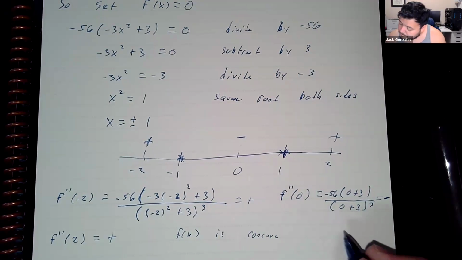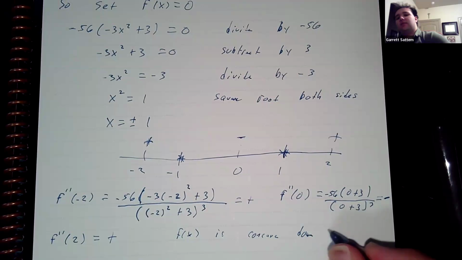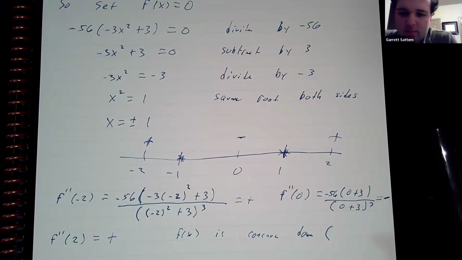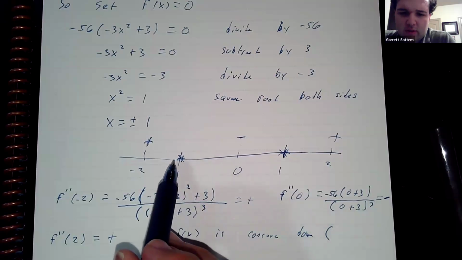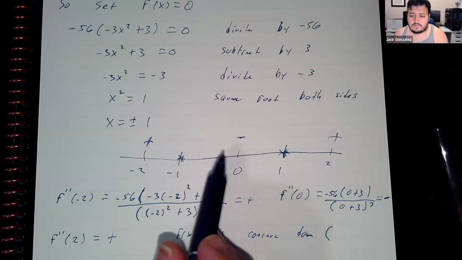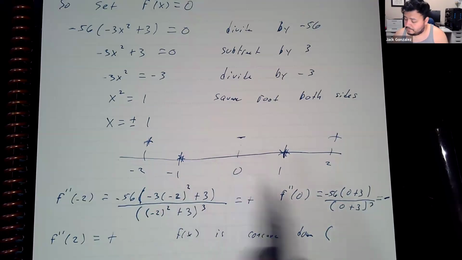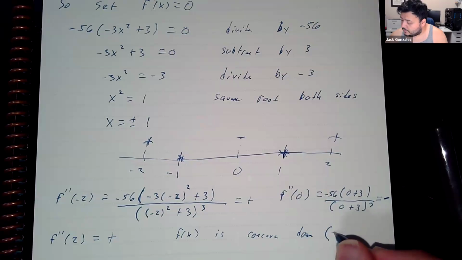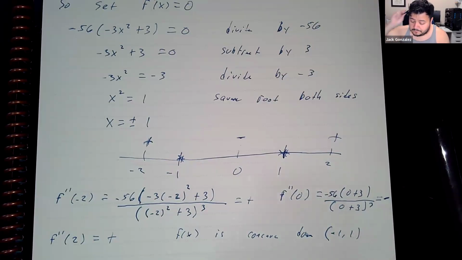What's the interval? I think negative infinity, or is it 0? Oh, no, it's negative 1, 0. Yeah, so everything in between the inflection points. So -1 to 1.